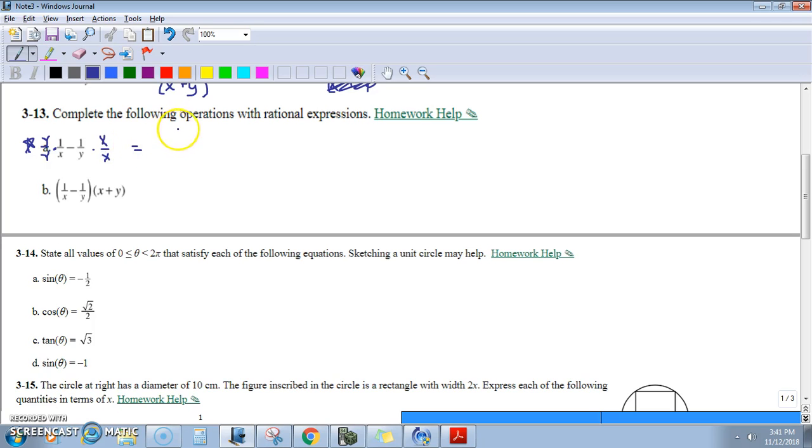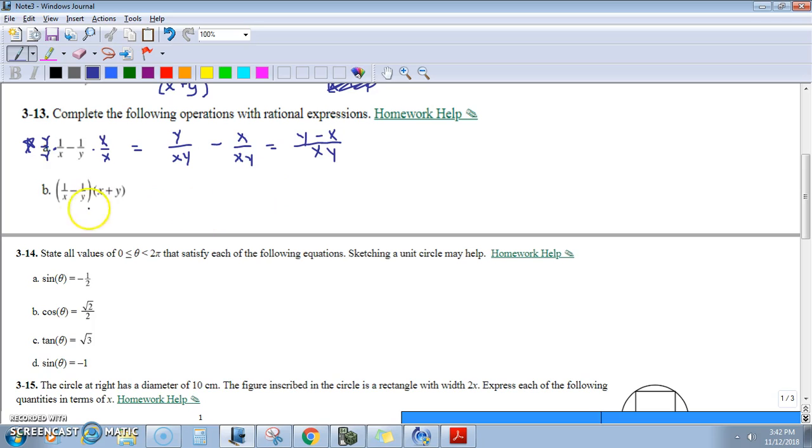So now the two expressions I have are y over xy minus x over xy, which is equal to y minus x over my denominator, which just stays xy because it's a common denominator now, and I subtract the numerators.